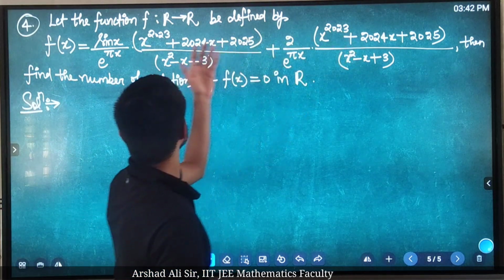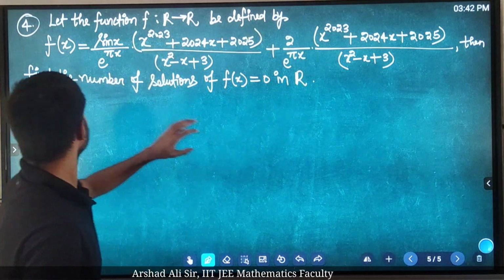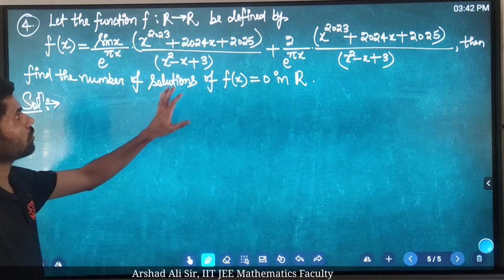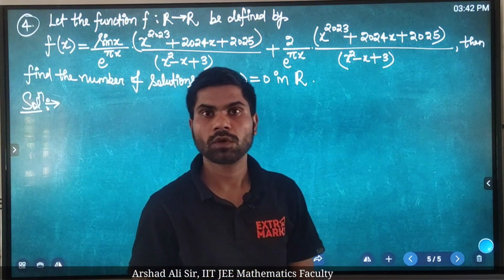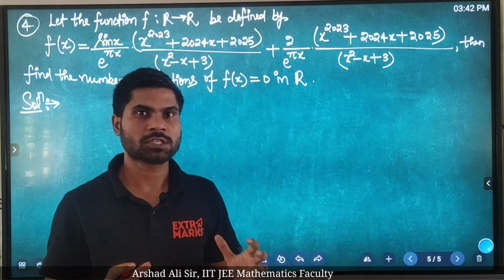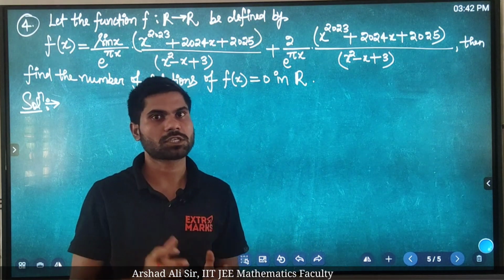Almost the same type of function we have given. Then find the number of solutions of f of x equal to 0 in R, meaning real numbers. Okay students, so now see this question, it is looking like a very lengthy question, but it is a very easy question.